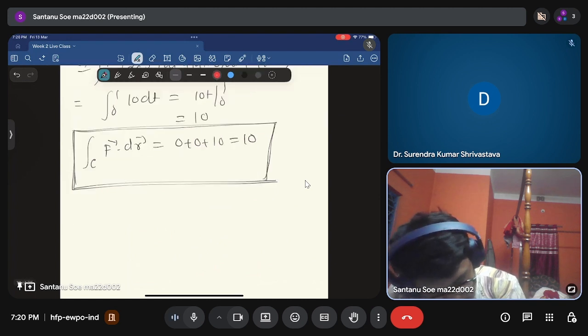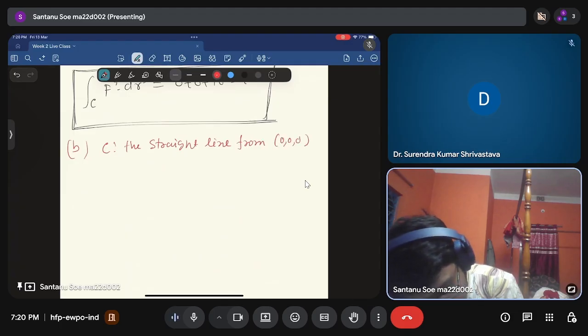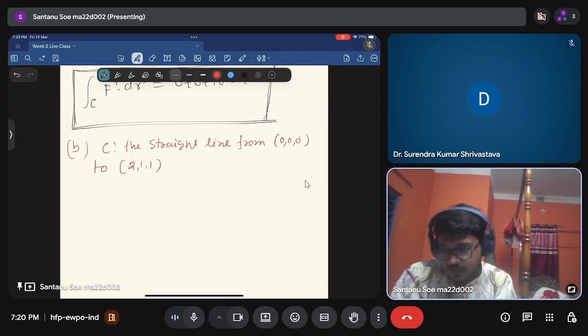Now suppose it is given that C is the straight line from 0 0 0 to 2 1 1.